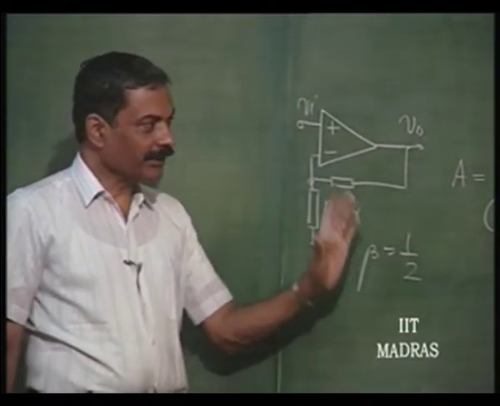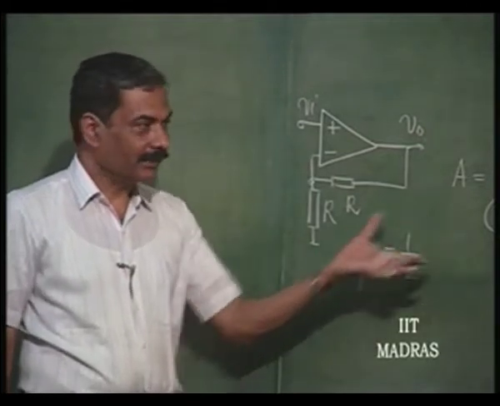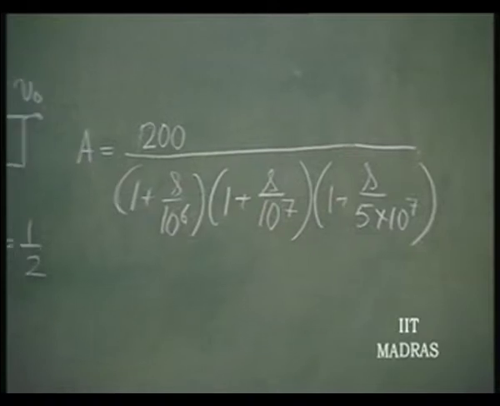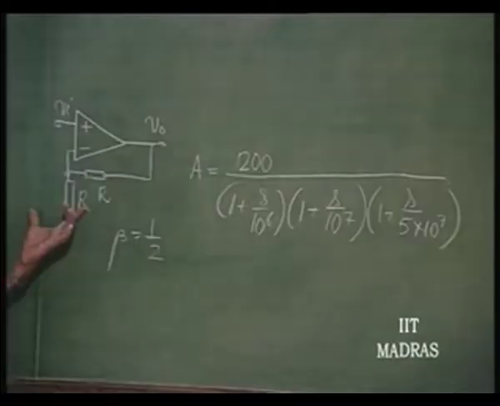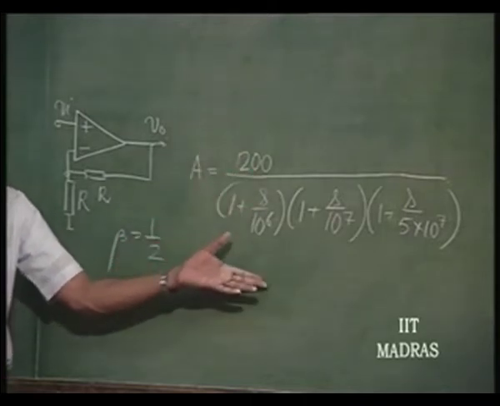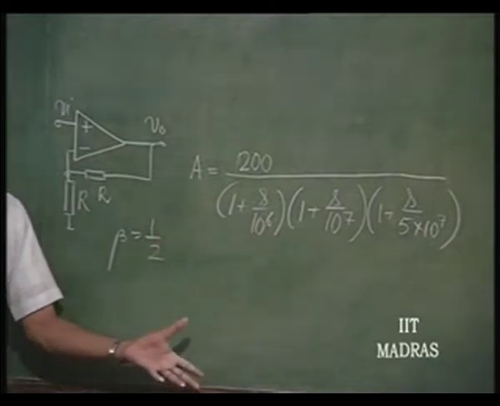Only when this is unstable for a beta equal to half does the modification that we have suggested come into picture. Suppose this is not unstable, then the gain bandwidth product is straight away available as 200 into 10 to power 6. You do not have to do any frequency compensation.